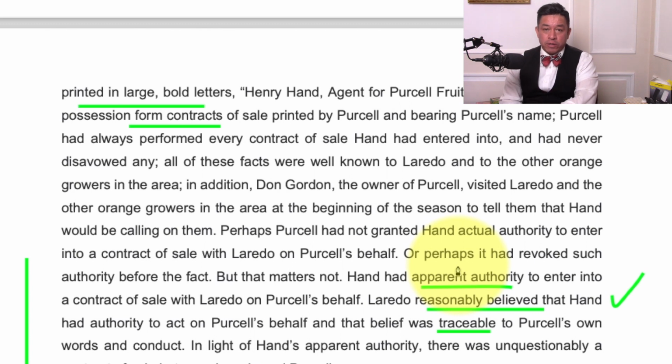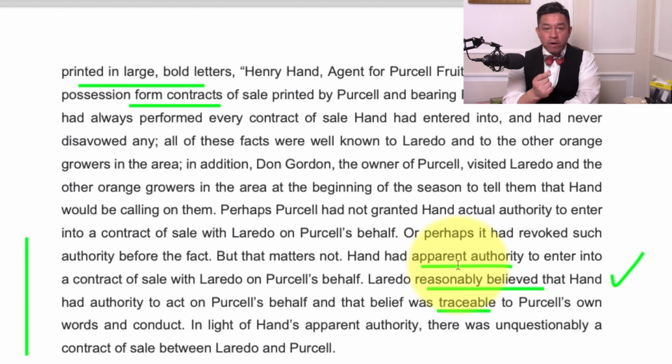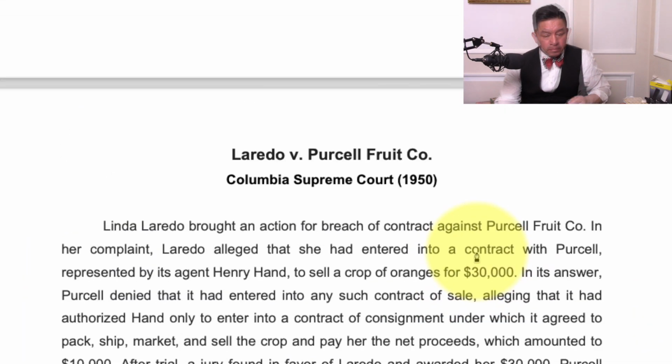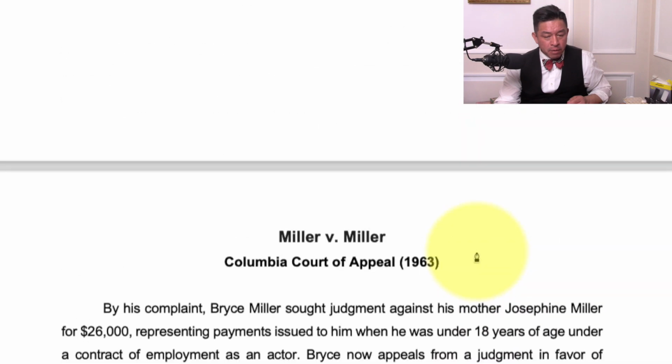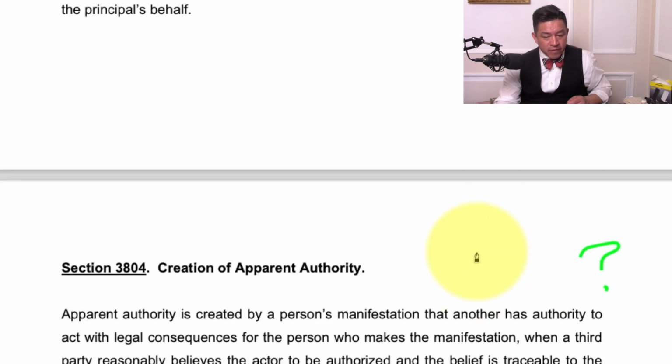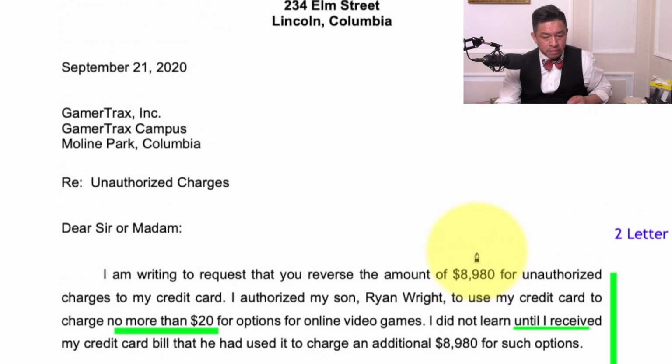But look at the factors, okay? By the way, I'm gonna give you the counter argument here. The counter argument that looks bad for Janice, the mother, is that it was traceable. Now, let me look at the facts. Okay, it was traceable. Keep that in mind. I'm gonna go all the way up and look at the facts in the file, and I'm gonna look for those terms.